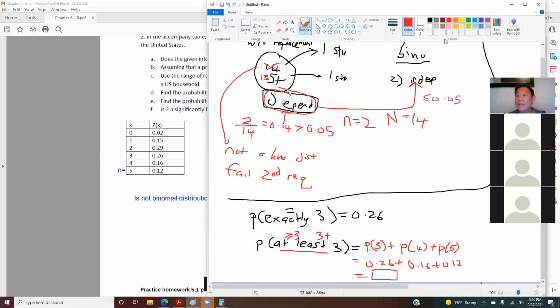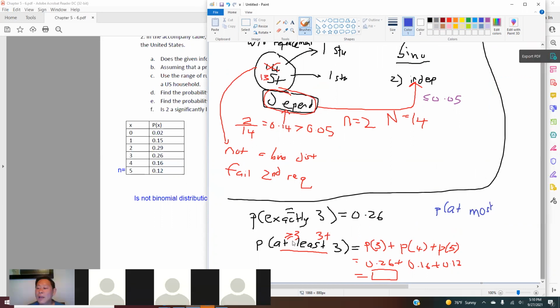And the next one that comes out is exactly. What happens if I ask you to find the probability of at most 2? The words at most 2 mean less than or equal to 2, that means 2 or less. So in this case, you have to add the probability of 2, the probability of 1, and 0.